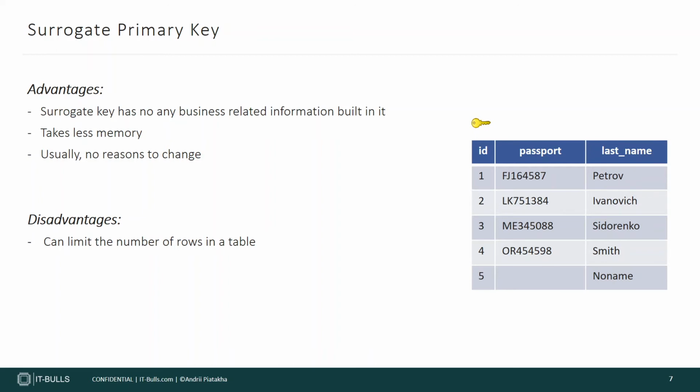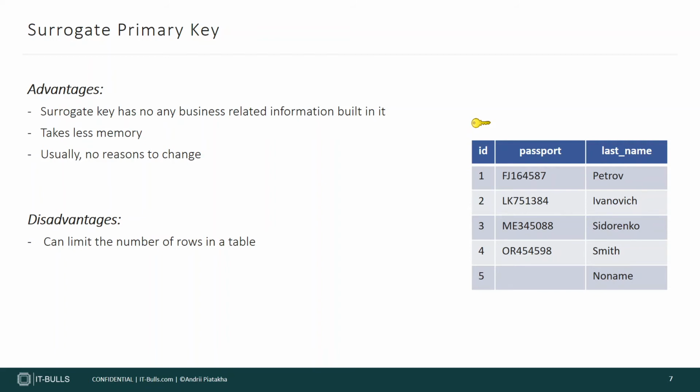Also, this type of key takes less memory, because usually we use the integer type for surrogate keys, and this is only 4 bytes. Join requests on different tables are also completed faster. Usually there are no reasons to change a surrogate key, because it is just an identifier. Thus, there is no need for a cascading update of the value in all related tables.